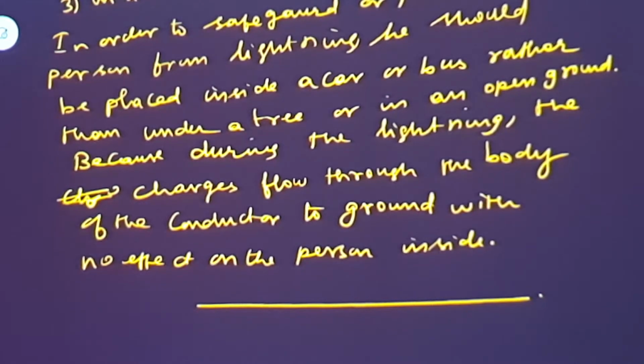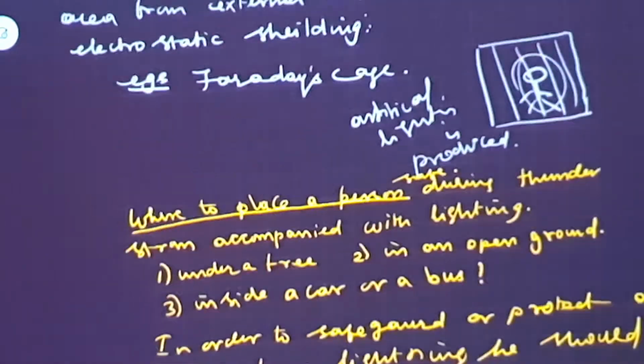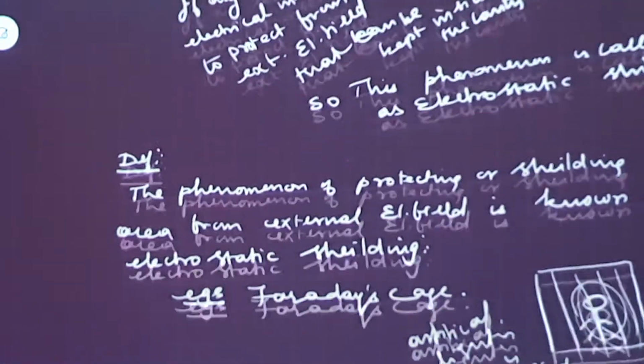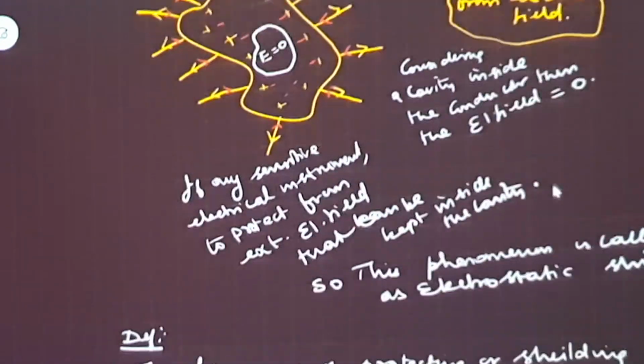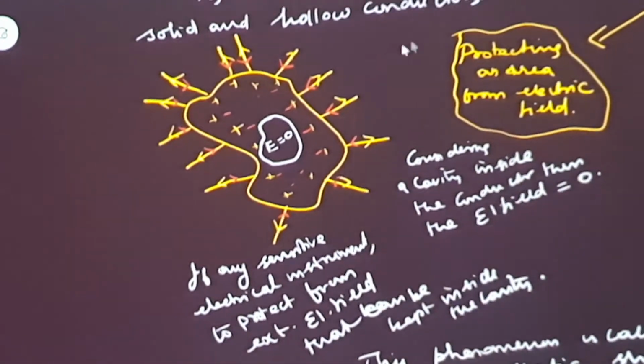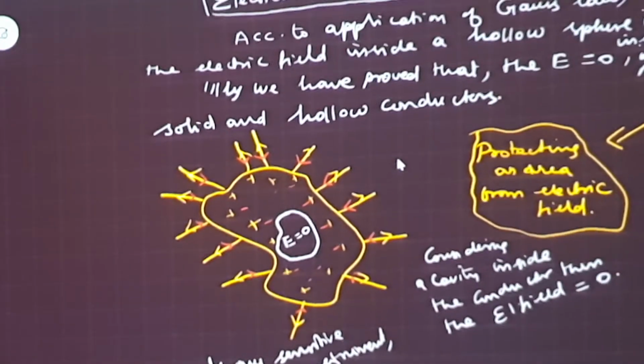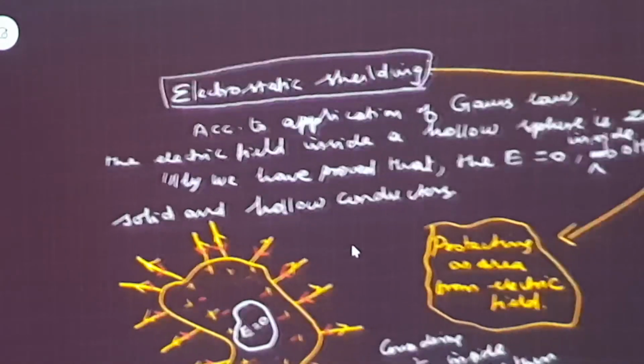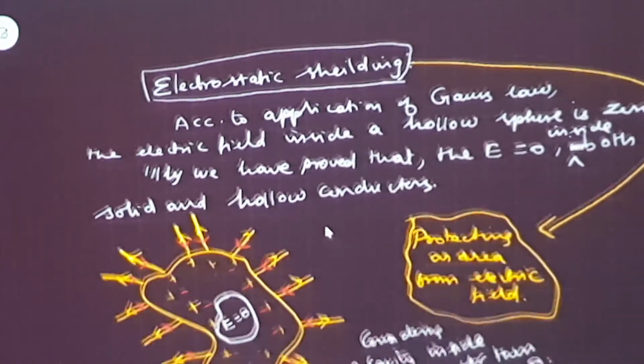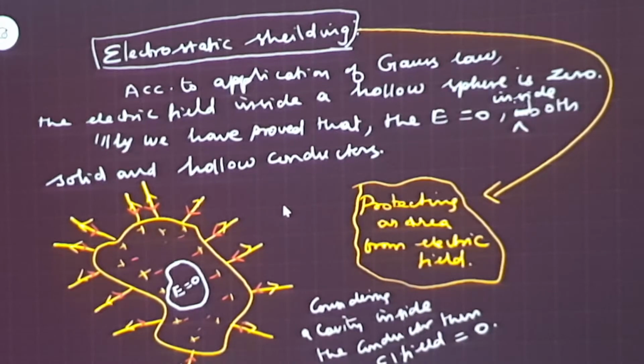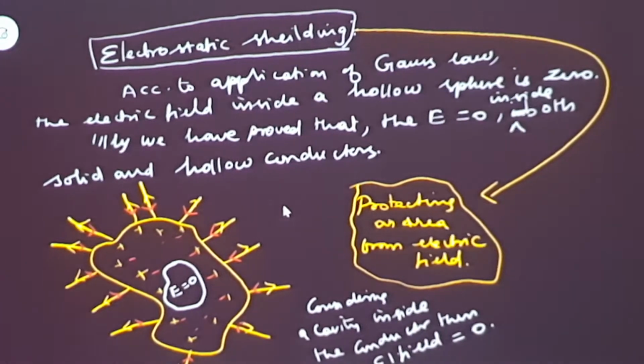Shall we recall? What I have considered initially is a concept called electrostatic shielding. What do you mean by this concept? According to the application of Gauss law, we have studied and proved that the electric field inside a hollow sphere is zero.